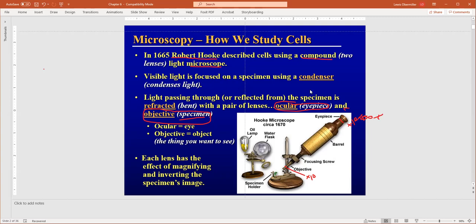Okay, so I don't care if you know about a condenser or not. It's not going to be on the test. But you do need to know ocular because that's a specific lens, and if you do any sort of science or medicine, you're going to need to know that. The objective lens, that's the lenses that are close to the object. Usually there's 4 of these, and you can rotate them.